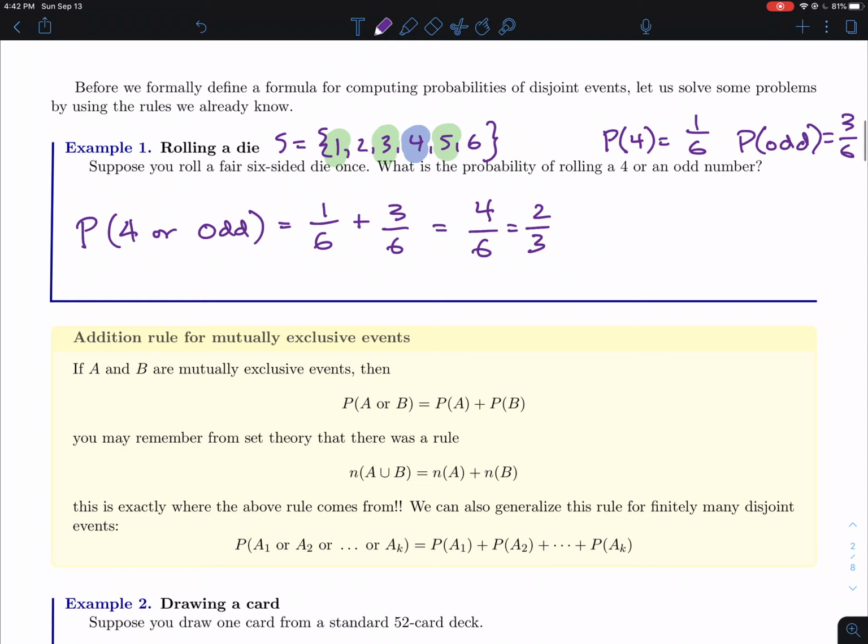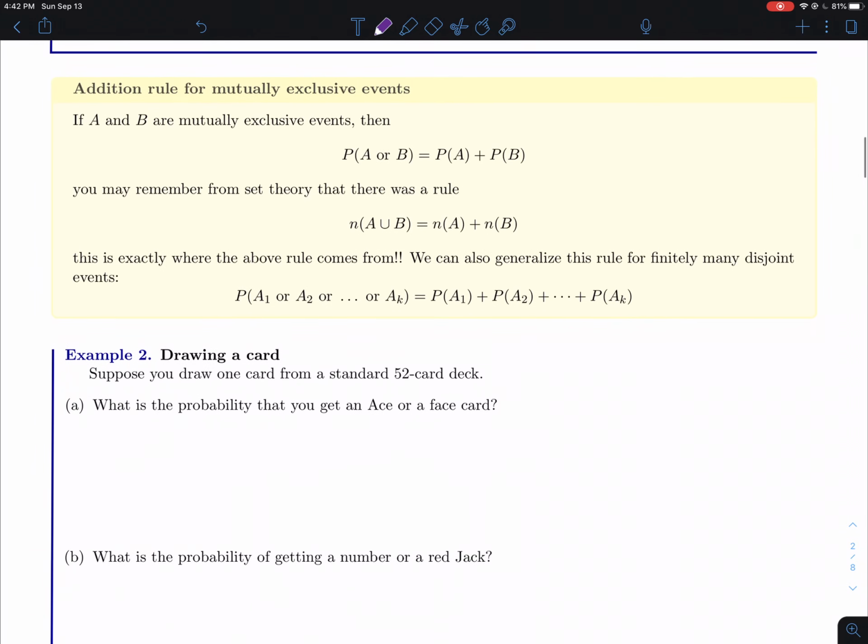All right, so let's look at the formal rule for how we would actually add these guys together. This is only true if A and B are disjoint or mutually exclusive.